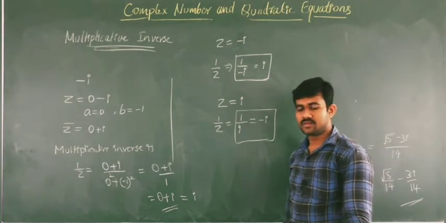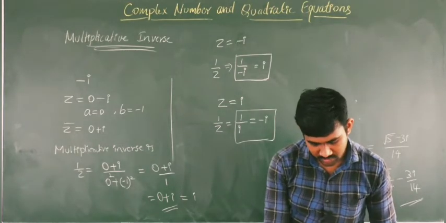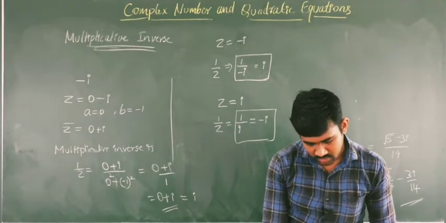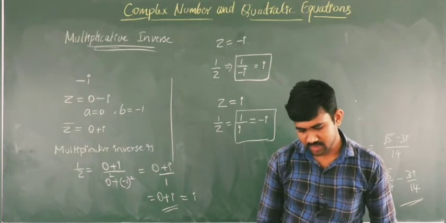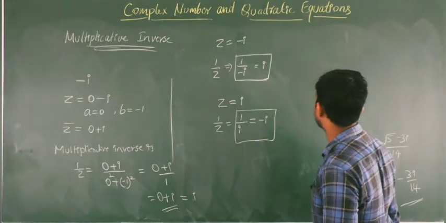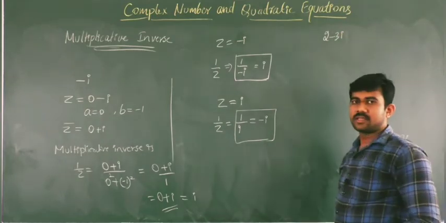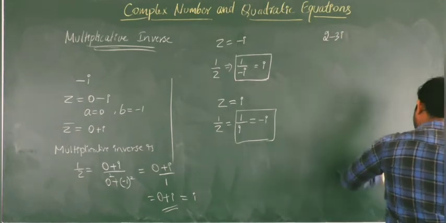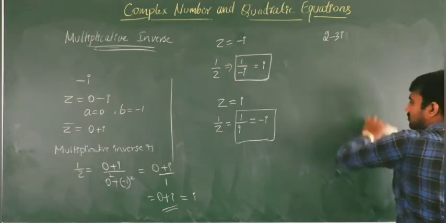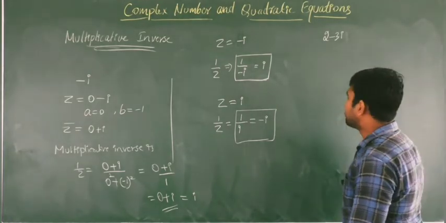Okay, now we will see the next question of the same. What is the next question we have seen? 2 minus 3i. This is the given complex number and we need to find the multiplicative inverse of this complex number. So what will be the multiplicative inverse?